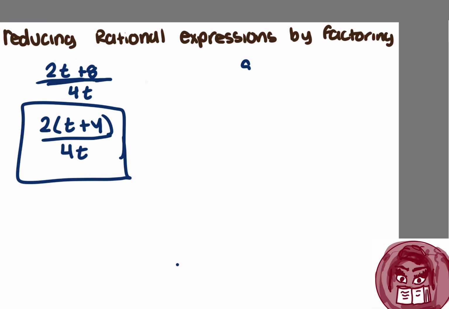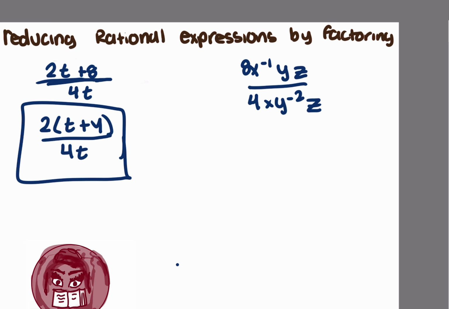And next problem is 8x minus 1 yz over 4x y negative 2 times x. So we know right off the bat that 8 and 4 reduce.